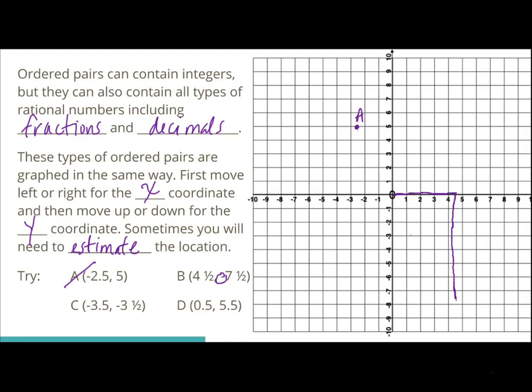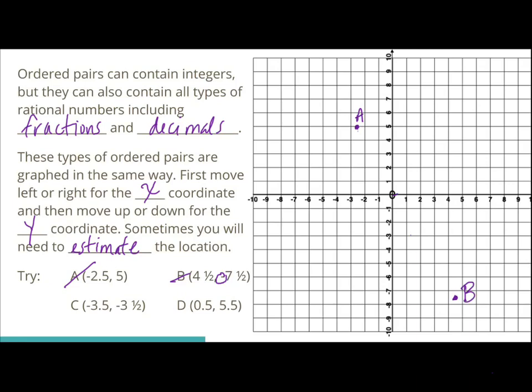So that means that in this case, I'm actually going to have a point that is in between the space. So it's going to be in this white area as opposed to actually being on a line. And that's okay, because we are graphing rational numbers. We are graphing fractions. We are graphing decimals. So B is taken care of. Make sure I label it.